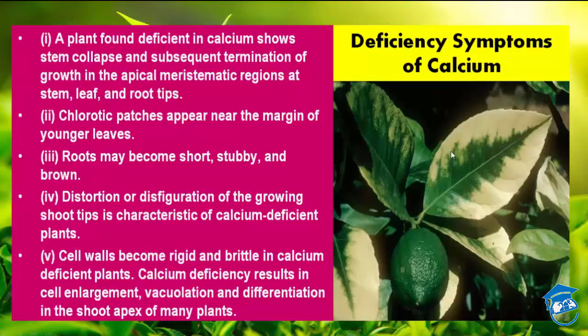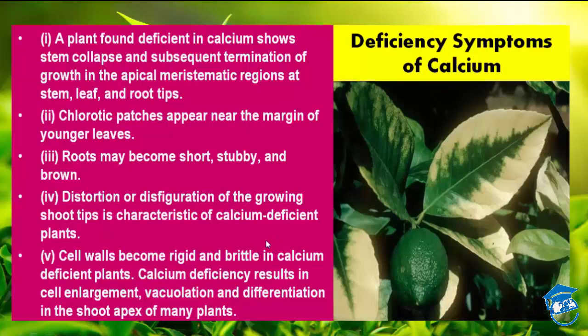Chlorotic patches appear; this is the chlorotic patch on the margin of the young leaf. Roots may become short, stubby or brown, and distortion of growing tips and shoot tips is characteristic of a calcium deficient plant.